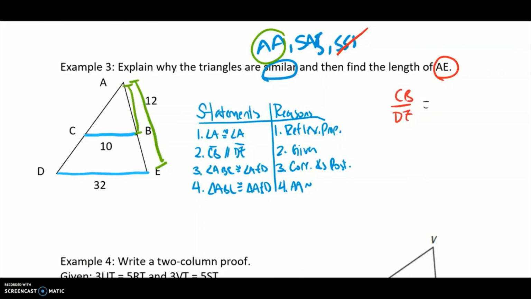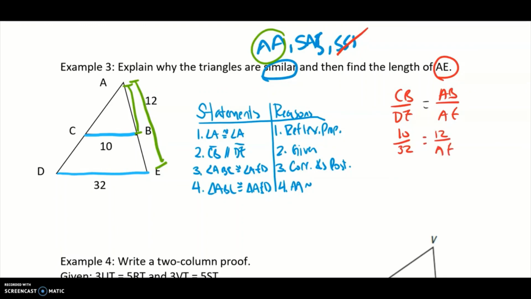And then since I did small triangle on top, big triangle on the bottom, I want to go ahead and be consistent. And I'm going to put AB on top over AE. And there I have my proportion. So all I have to do is substitute in my numbers. So 10 over 32 equals 12 over AE.